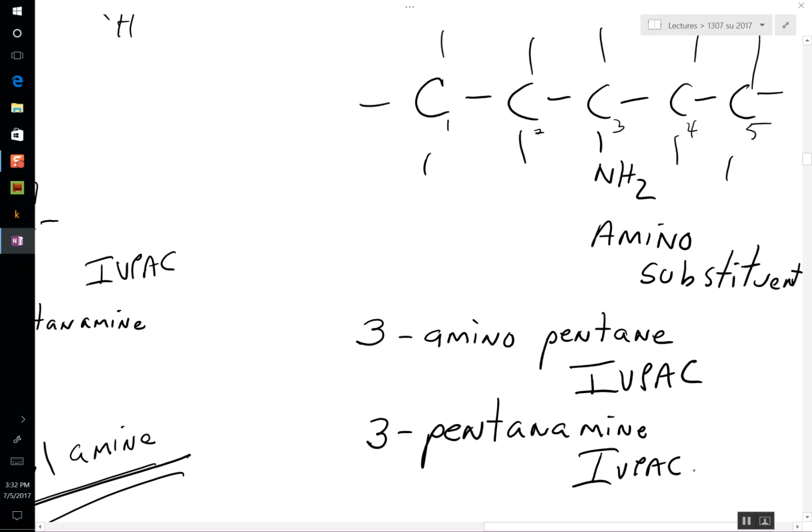So that's why I'm saying there are 3 ways of naming amines. Simple, you can't name them all simple. This is not a simple amine, so you have to use an IUPAC name. Follow me? You have to use an IUPAC name. But see, Jocelyn, there's not an N in this name, even though it's IUPAC. There's not an N in there.